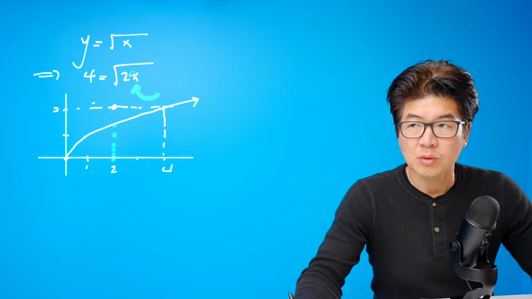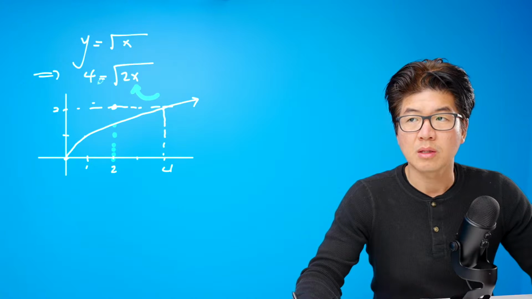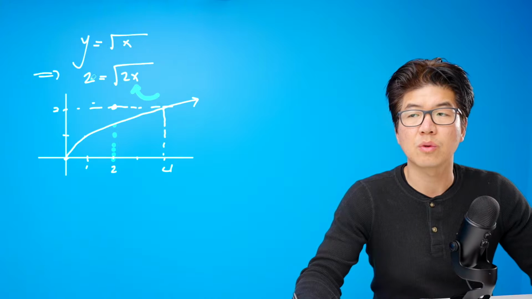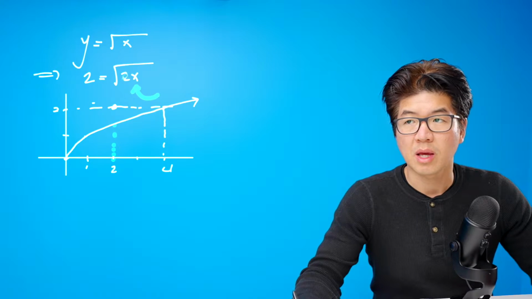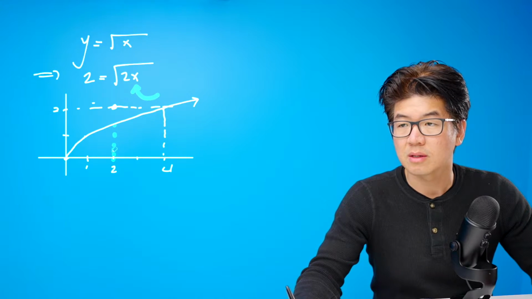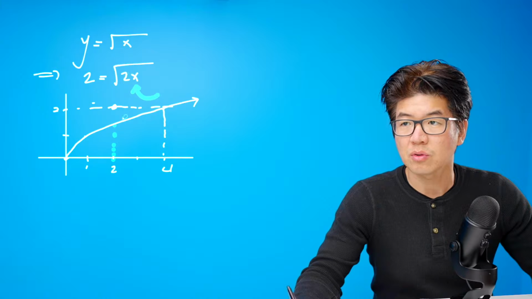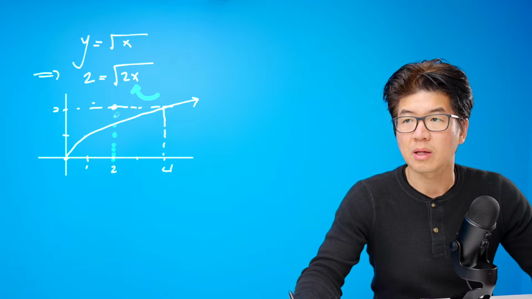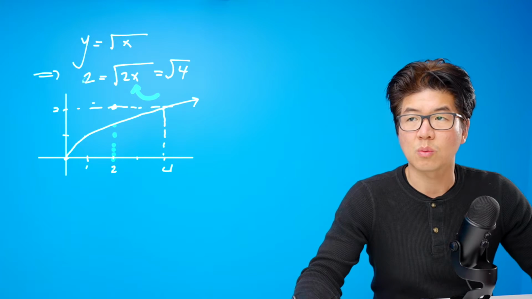So multiplying by 2 will make the result of 2 here. I meant square root of 4 is 2, right? Having that multiplication of 2 there will make the y value reach 2 twice as fast. So because of that 2, if I just put 2 in there, I get square root of 4, so I get the y value of 2.